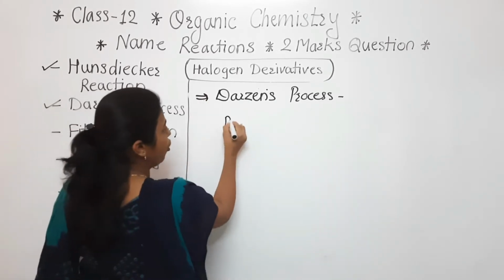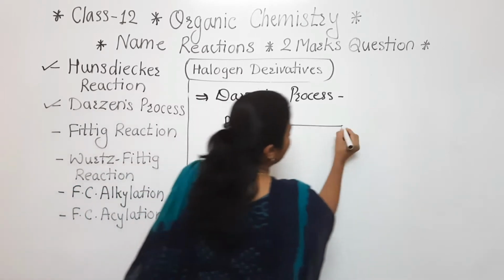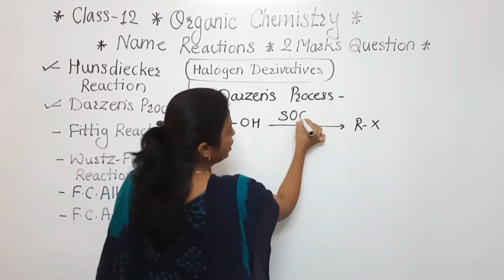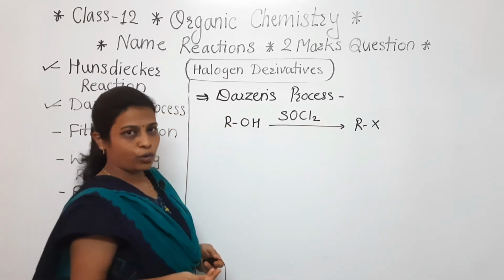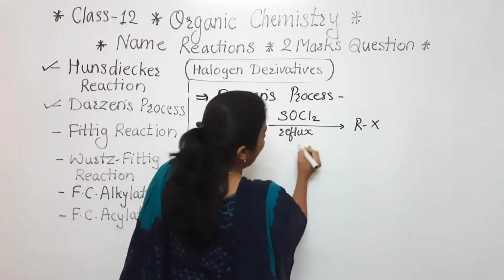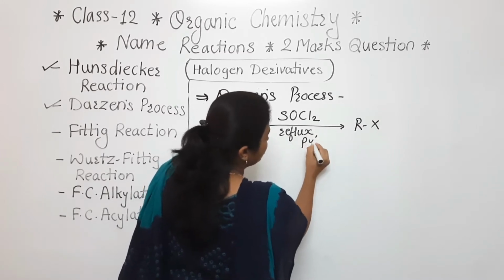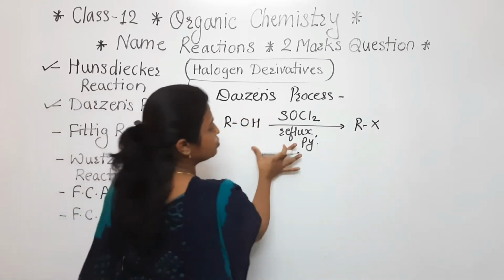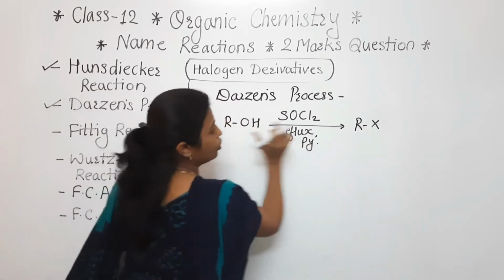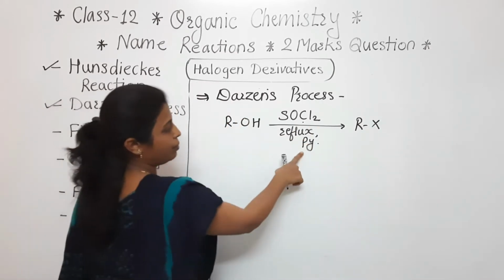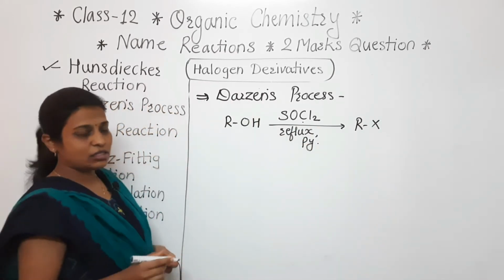That is the conversion of alcohol into alkyl halide by treating with thionyl chloride or thionyl bromide. We have to reflux this mixture, and finally we have to use here the reagent pyridine. So this is the reaction, and this process or conversion of alcohol into alkyl halide by using thionyl chloride and pyridine is called Darzens' process.